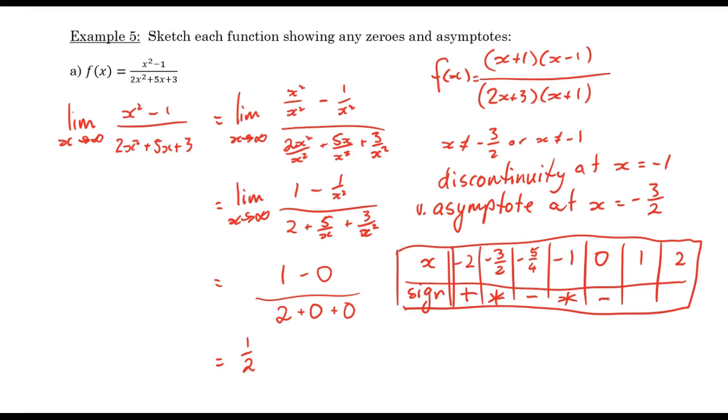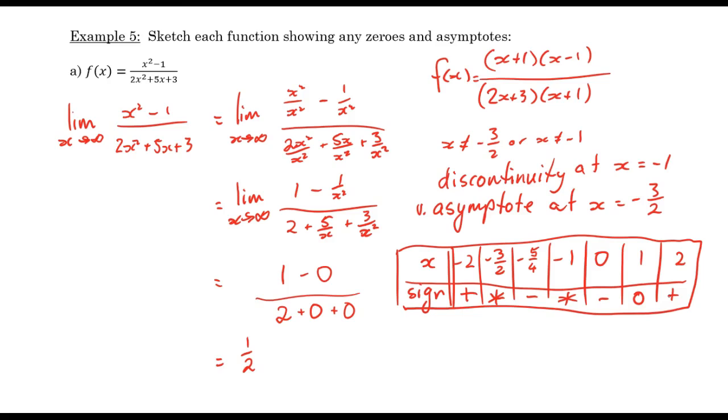At x equals 1, my denominator is positive, my numerator is 0. And at x equals 2, I get positive times a positive over positive times a positive is positive.